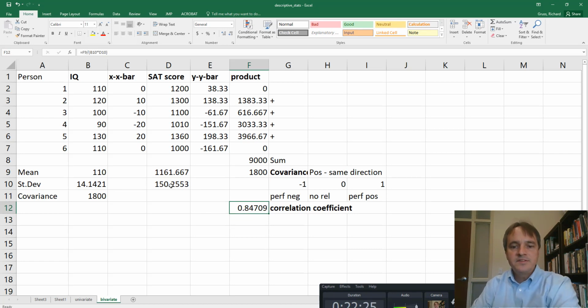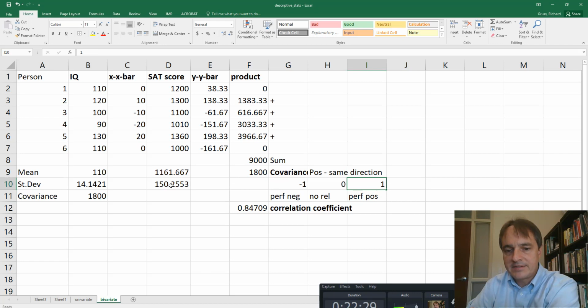What this tells us is that this is getting very close to a perfect positive relationship. 0.85 is a pretty high correlation coefficient. It's pretty close to 1. If this had been negative 0.85, we would say that's a pretty strong negative correlation.